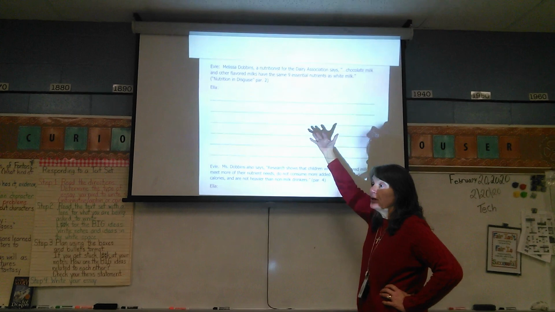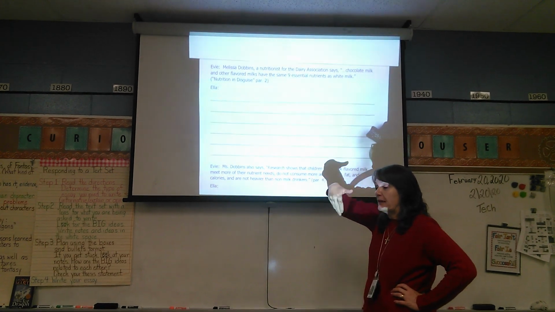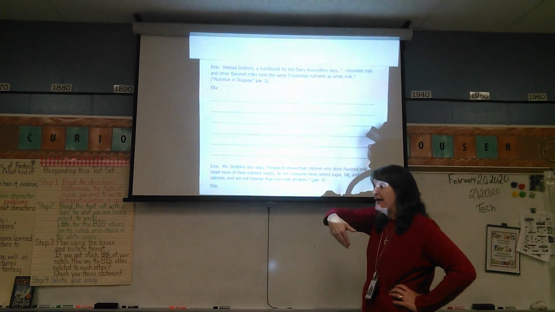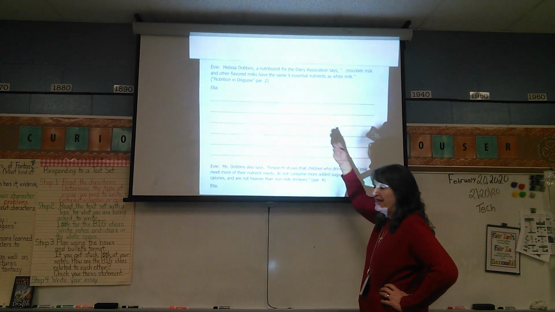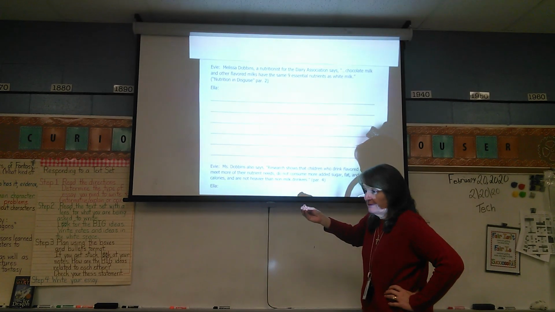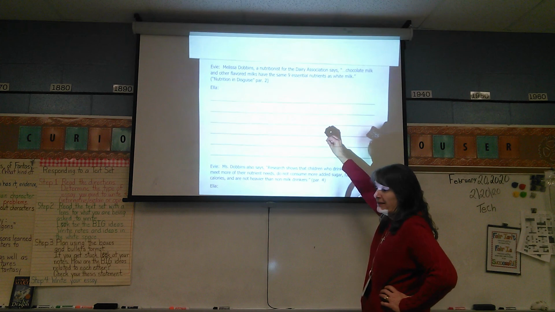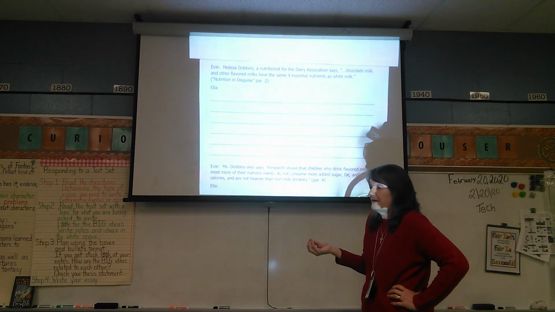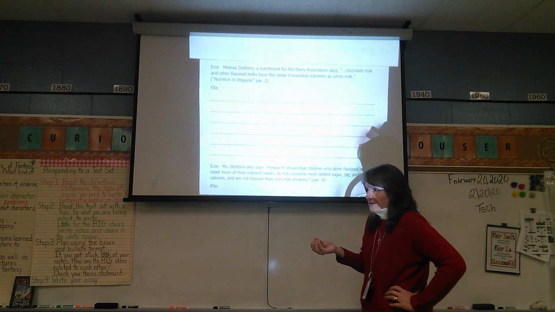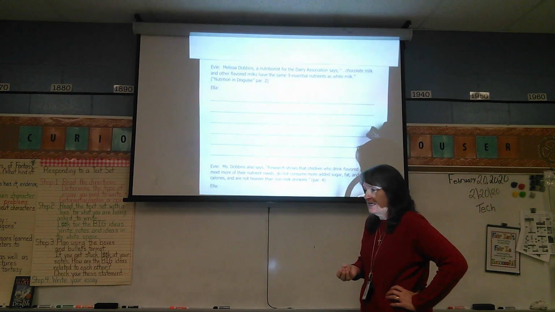So for example, if you were saying that chocolate milk should be kept in schools, and one main idea you're writing about is that chocolate milk is healthy, you could support that because chocolate milk has 9 essential nutrients. Essential. So we know that they are things that your body needs, right?